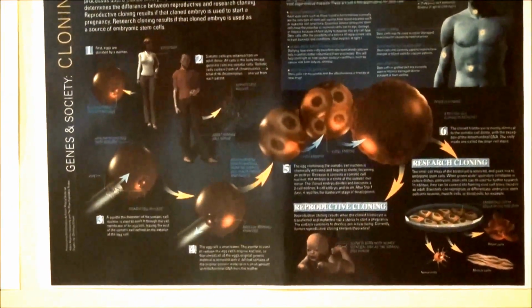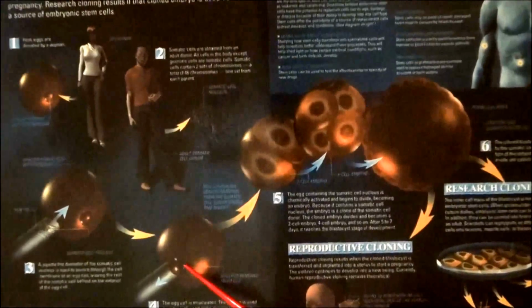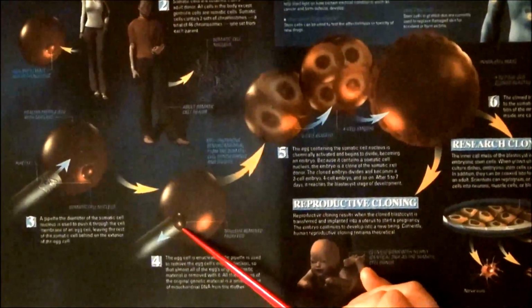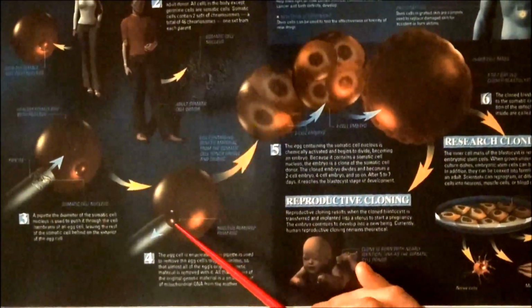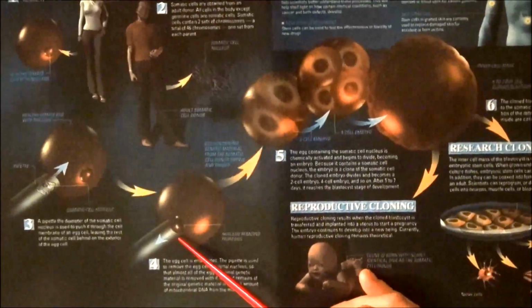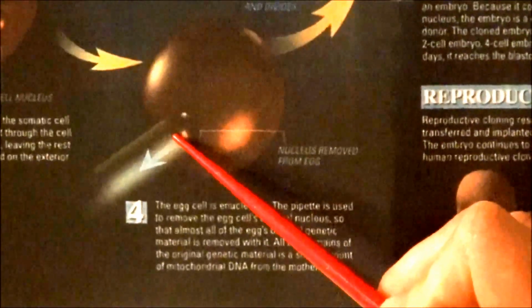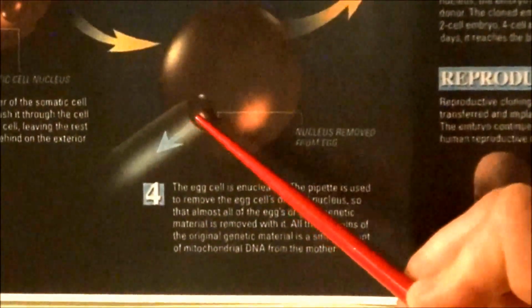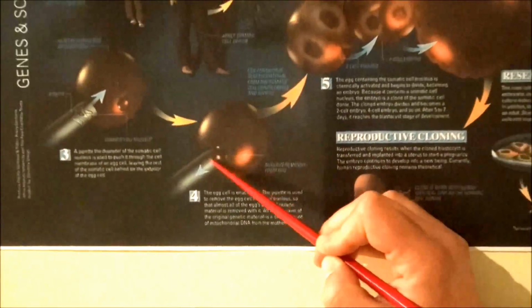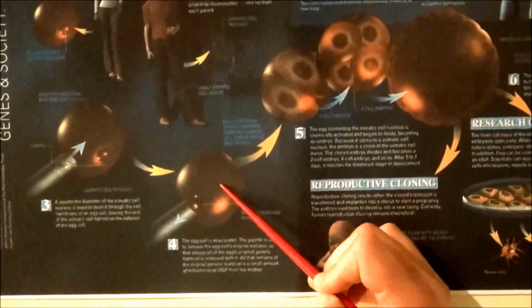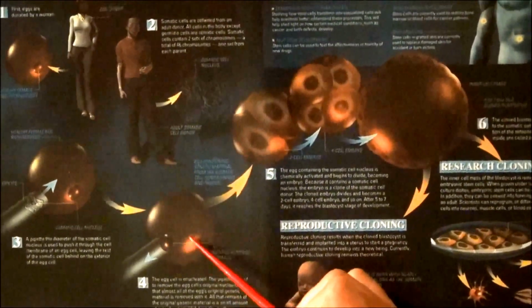All that remains of the original genetic material from the egg is a small amount of mitochondrial DNA. So most DNA in a chromosome is within the nucleus. So when I remove that nucleus, most of the DNA is taken out with it. There is what we call mitochondria that is also in the egg surrounding the nucleus, and they do also have a small amount of DNA.